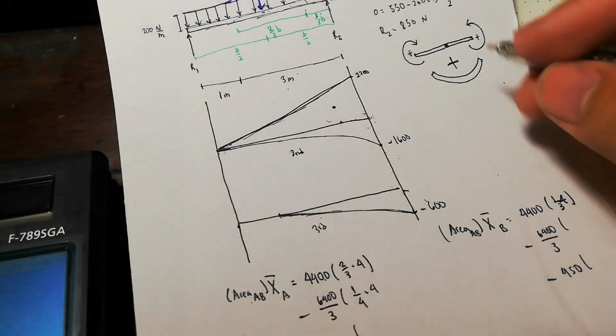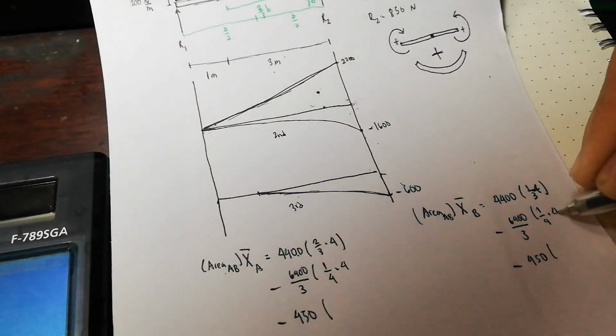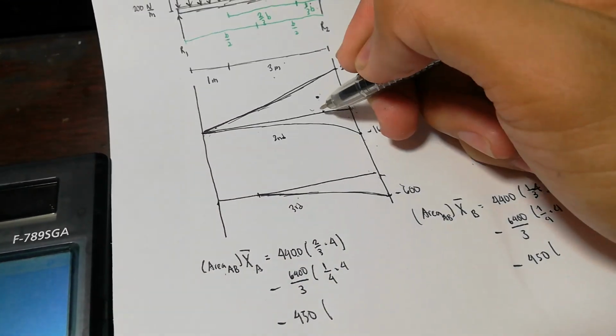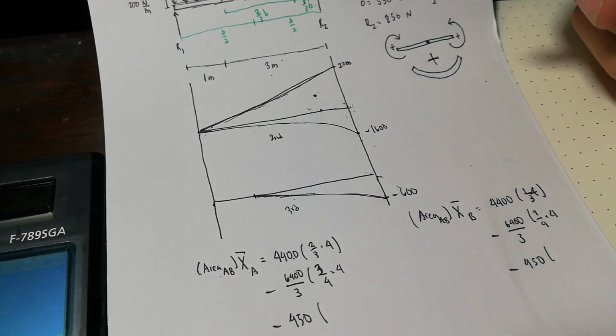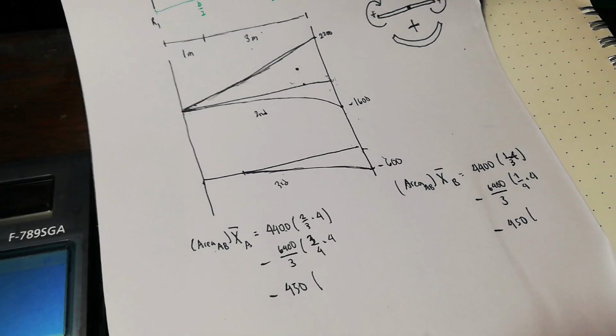Ay baliktad. Ito yung 1/4 times 4. 1/4 ng 4, then definitely ito ay 3/4 ng 4. Wait lang, double check. Okay na yan.